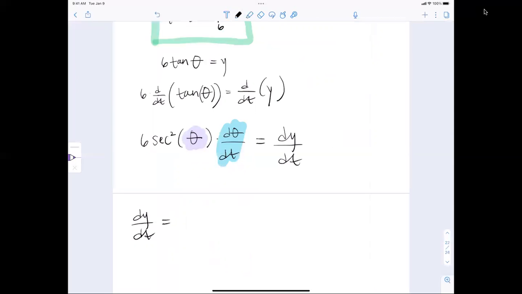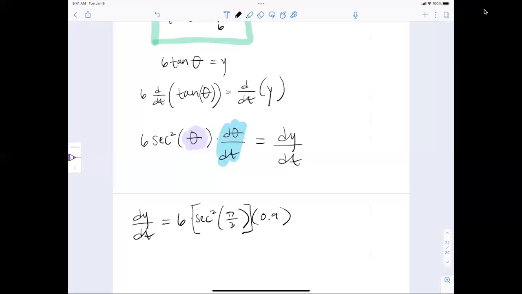So we'll have 6 and then times secant squared of pi over 3 times 0.9. I'm going to put extra grouping symbols there just so it doesn't look like the pi over 3 is times 0.9. That's secant squared of pi over 3 times 0.9.